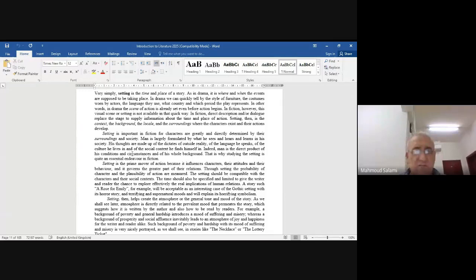That's why we say setting is very important to understand a certain theme or idea or behavior or certain person. You accept them when you know that they come from a certain area, for example. The way somebody is doing something, you say, well, this is what we do back home, or this is what we do in our country.